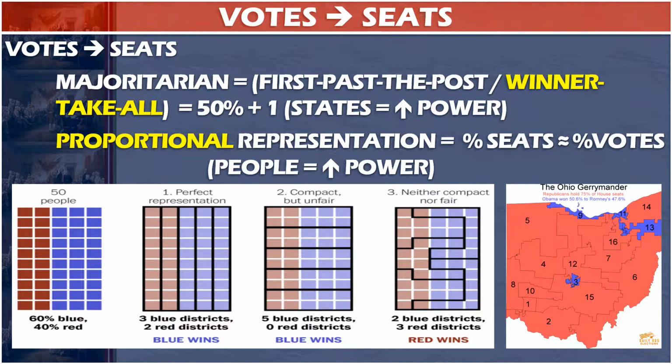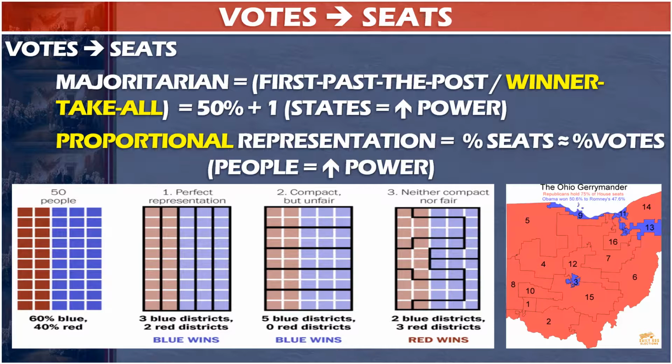However, it's not simply unfair to the red, or the minority, because you could draw districts where you could actually flip the proportion of representatives relative to the voters in the population by gerrymandering, by drawing the districts in odd ways. Basically putting almost all the blue voters in 2 districts and having 3 districts where there's a slight majority for the red. And so what you could get is an outcome where there would be 3 red districts and only 2 blue districts, despite the fact that there are more blue voters in this area.